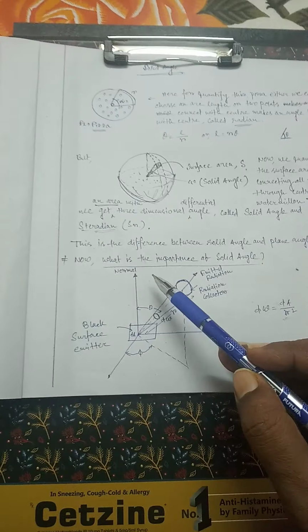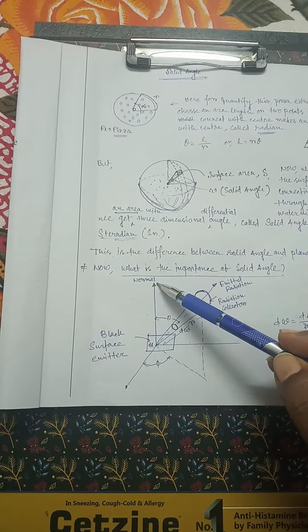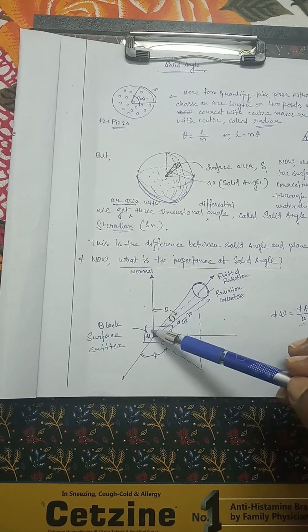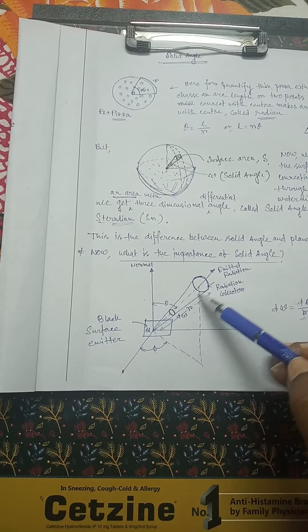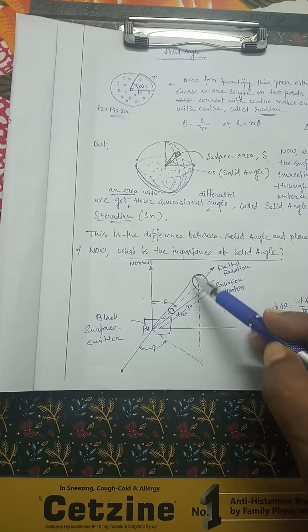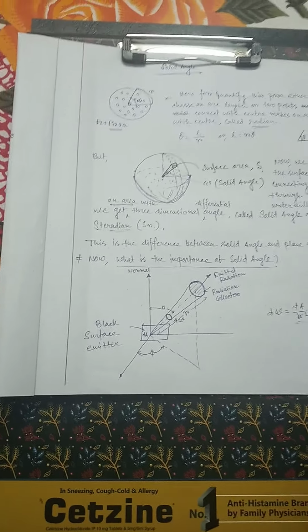But before that, we want to focus here on this surface. This is the normal direction, and the surface makes an angle with the normal. From this surface the radiant energy is emitted, and another surface absorbs this radiant energy.